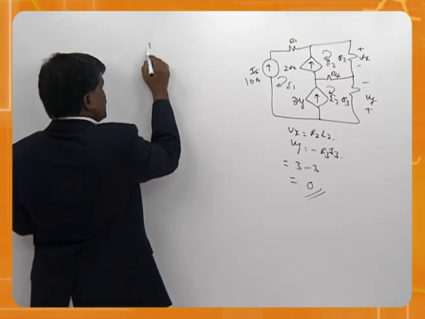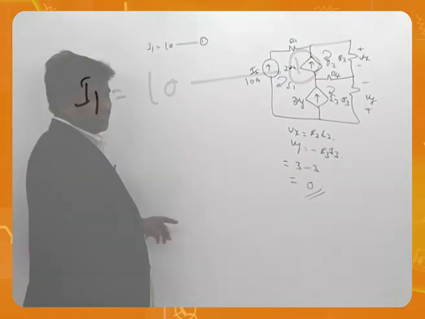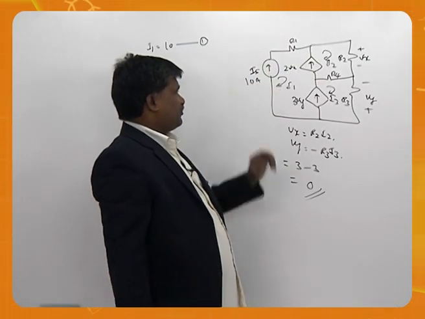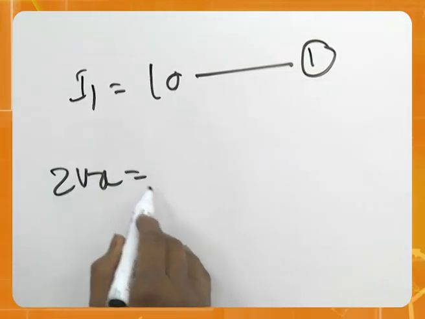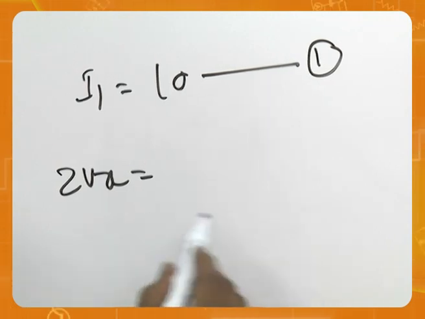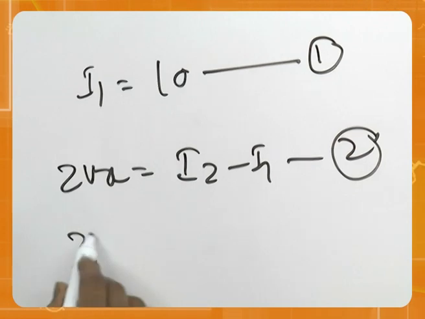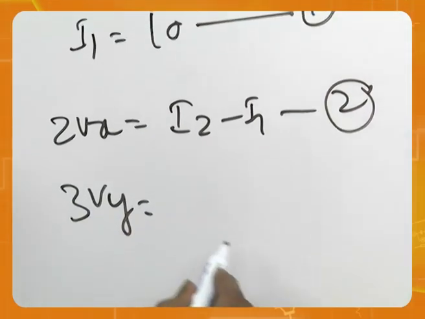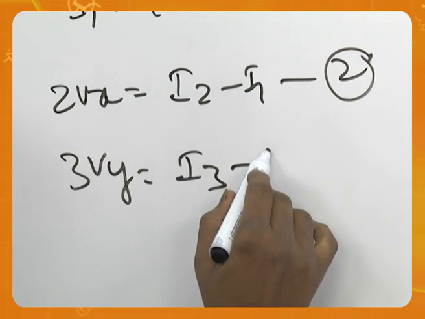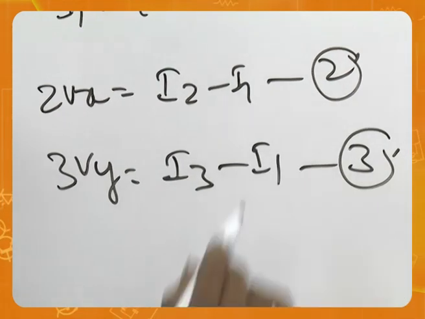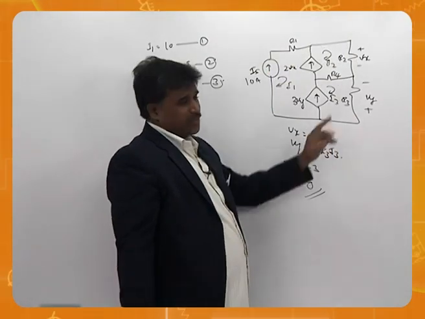Straight away I am talking to you, answer for this already came. Current in this loop branch is 10. Second one is 2Vx. 2Vx is I2 minus I1. 3Vy is equal to I3 minus I1. These are the equations. Suppose if you put this down, this will be opposite.